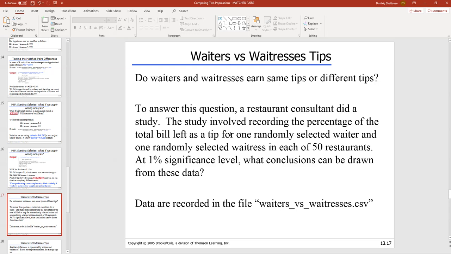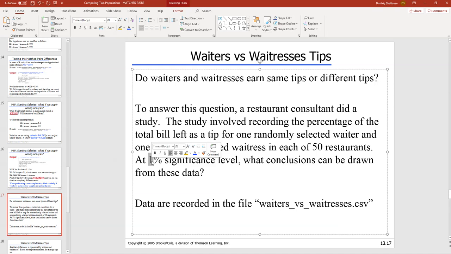And now I'm comparing really male versus female, as opposed to male versus female plus maybe how classy the restaurant is from observation number 1 versus observation number 2, okay? So the fact that they come from the same restaurant, that's what makes these observations matched pairs. And I have to use 1% significance level, and what conclusions can be drawn from the file, waiters versus waitresses.